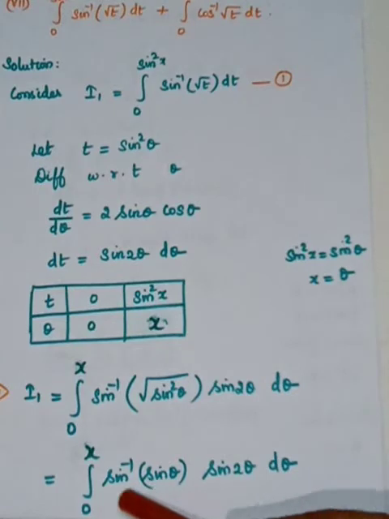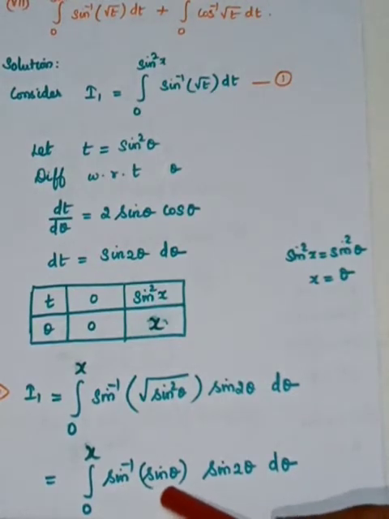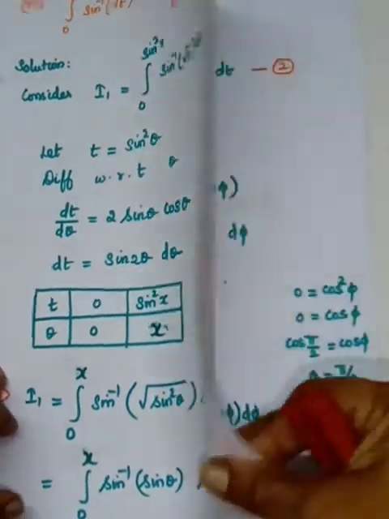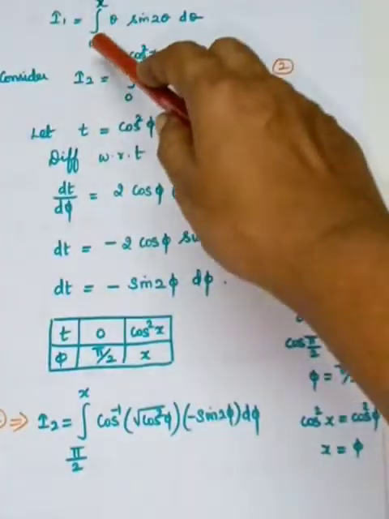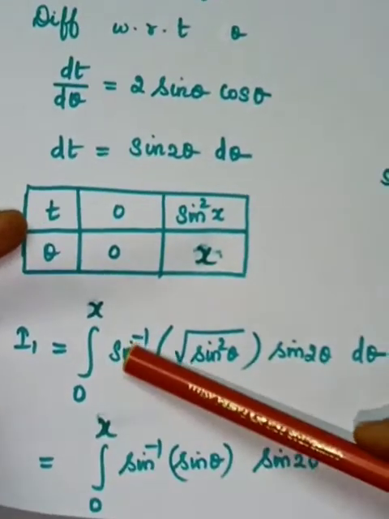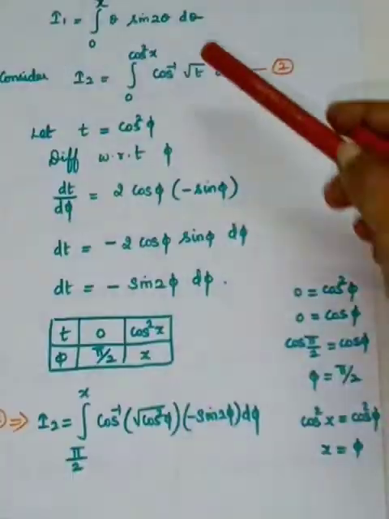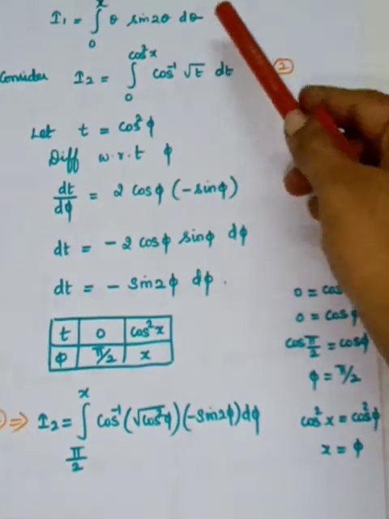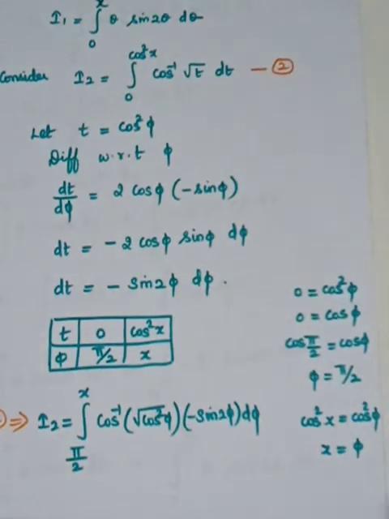So the sine inverse function and sine function are both getting cancelled. So the remaining is theta. So I1 is equal to integral 0 to x theta sine 2 theta into d theta. So I have completed I1.